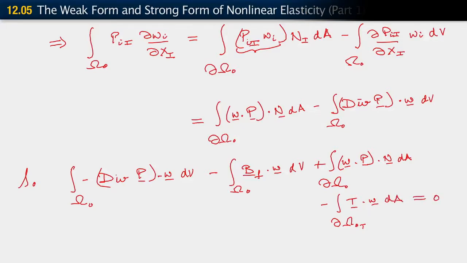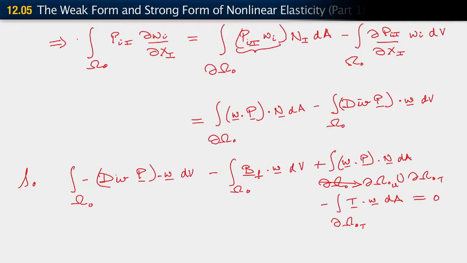Now, I'm going to observe something about this. This boundary can be written as partial of omega naught displacement boundary union partial of omega naught traction boundary. I'm going to use that now. I'm also going to club these two terms together because they are both volume integrals.